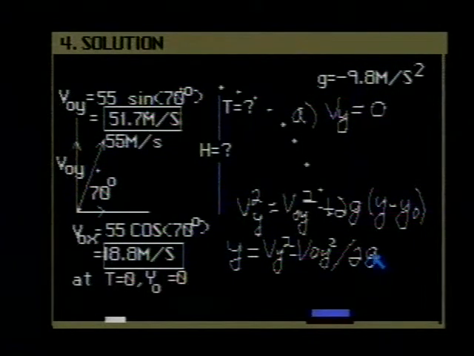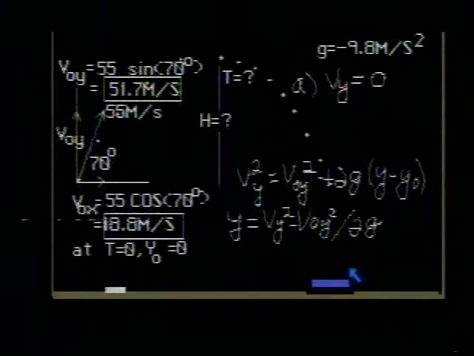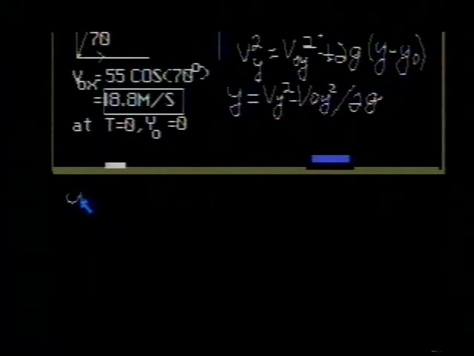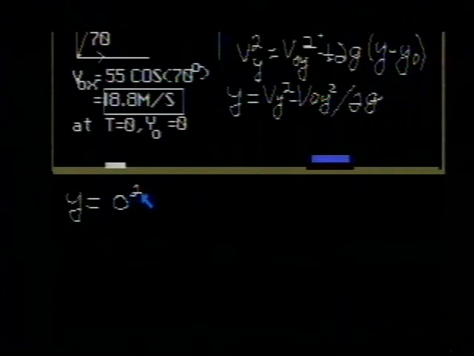Plugging in some values: v sub y, 0, minus v0y, 51.7 meters per second, that quantity squared.